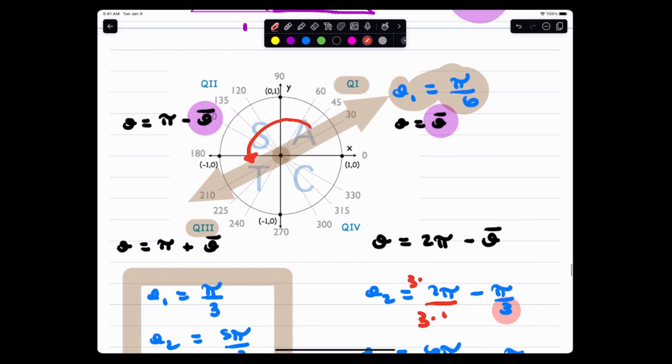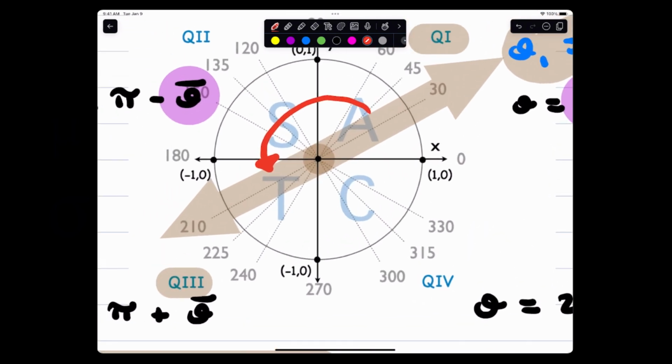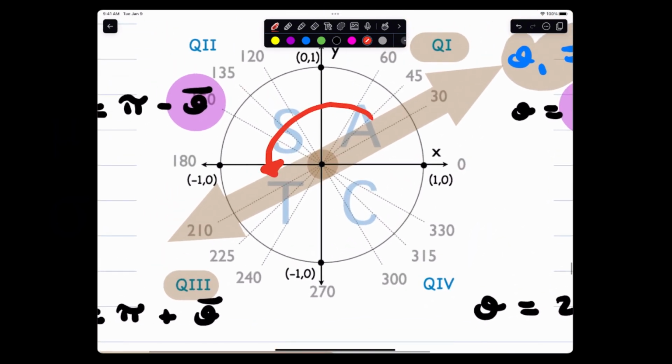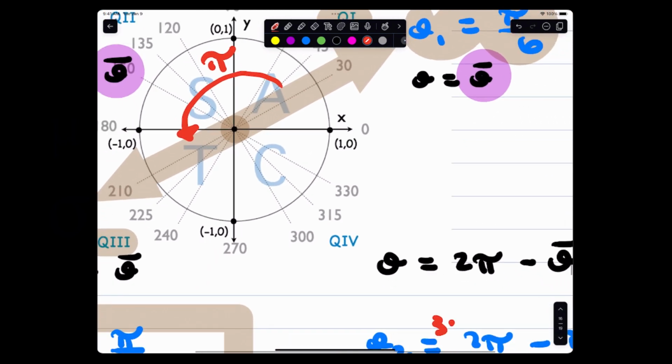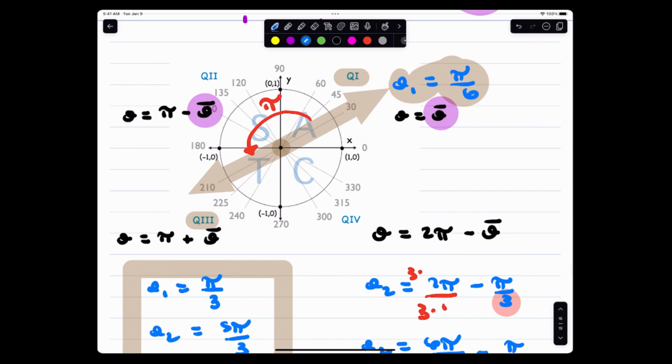This is directly opposite. Do you guys know what's the relationship between those two angles? Yeah, this is pi. Is that true? Do you know what that means I can do to get the second solution? Here's what it means. I can get that second solution by simply adding what? That pi.